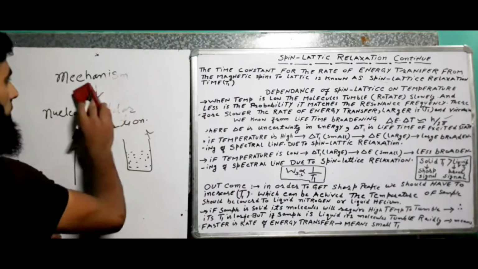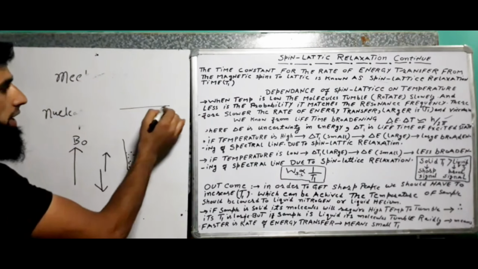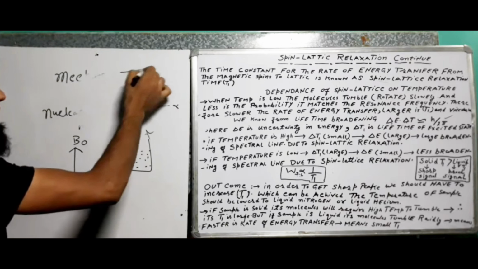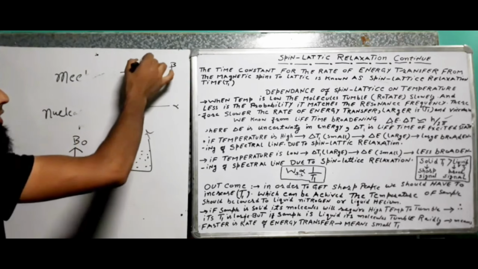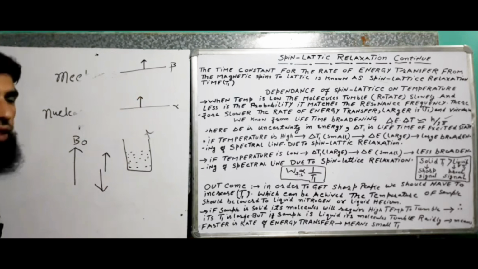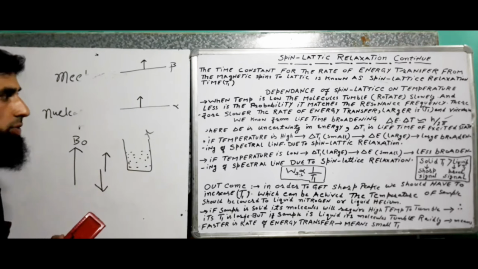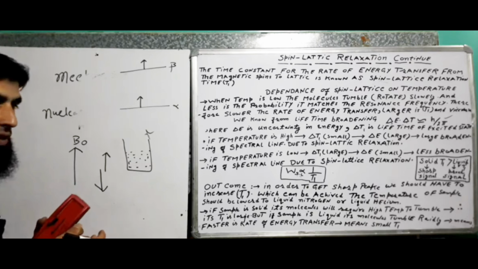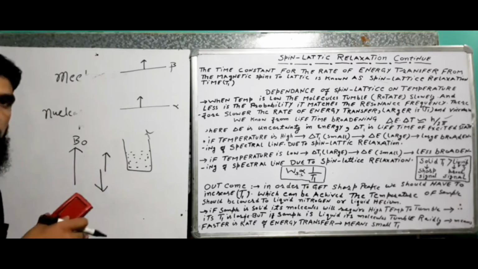Suppose I have two energy levels: an alpha energy level and a beta energy level. Some nuclear spins are in the beta energy state and some are in the alpha energy state. When the fluctuating magnetic field frequency matches the resonance frequency, they are in phase.